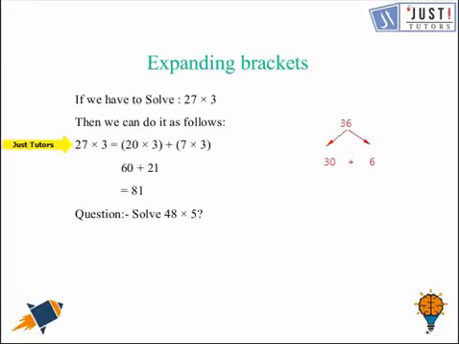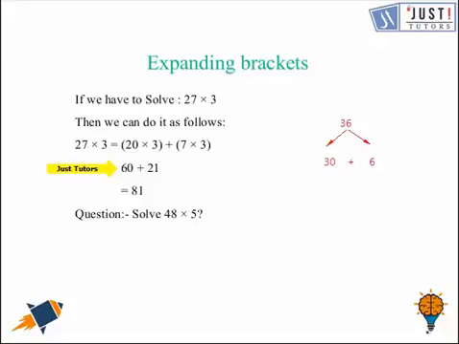Like 27, when written as 20 and 7, it can be multiplied by 3 separately. It will give the same answer. Instead of directly working with 27 times 3, we worked with 20 times 3 and then 7 times 3. And because there's a plus sign in between, we put the plus there.